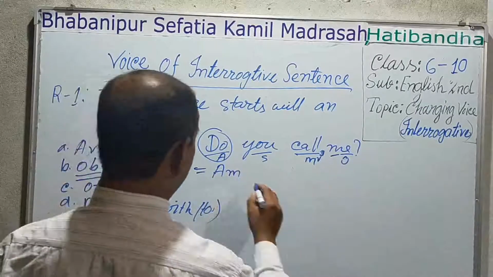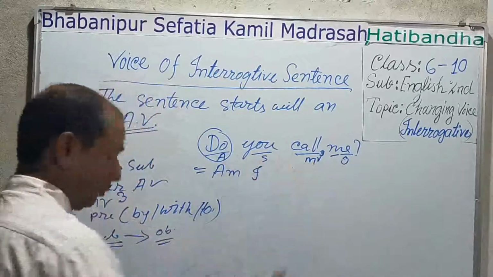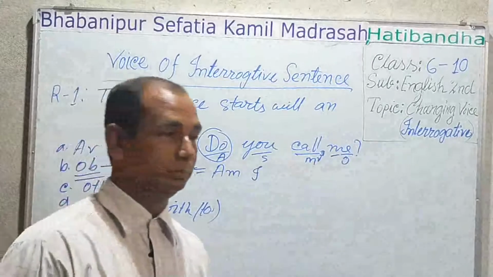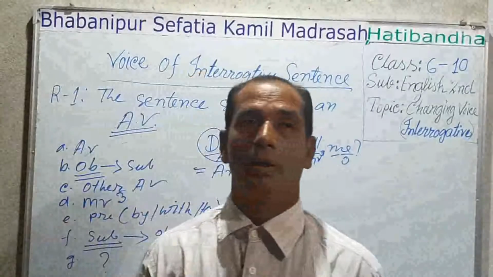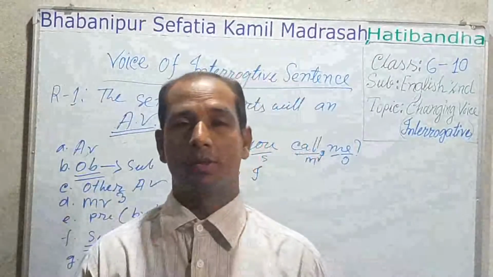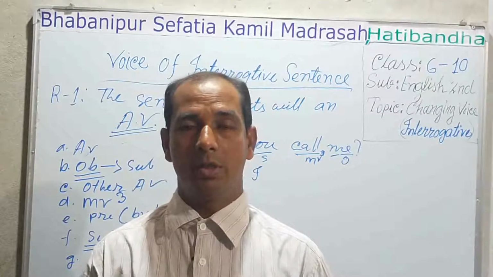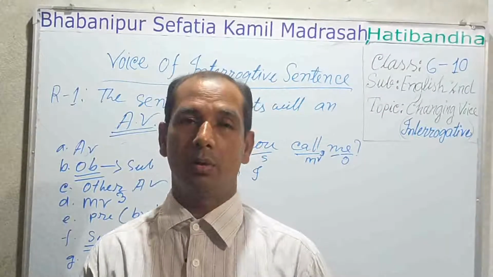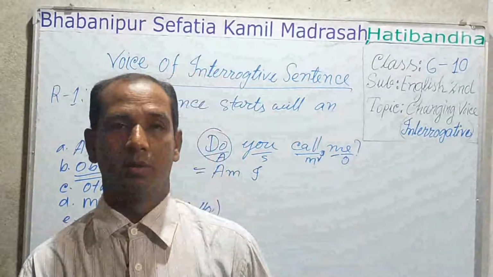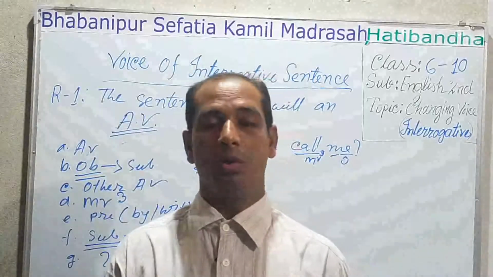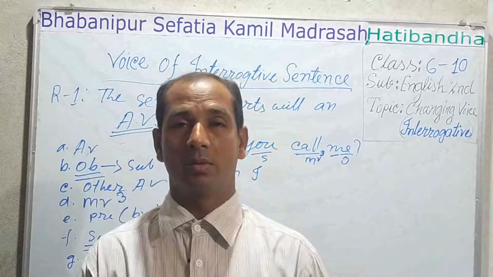Am I. Here is no other auxiliary verb because in interrogative sentence, I mean present indefinite or past indefinite, in these two tenses only one auxiliary verb is used, such as am or is or are, in past form was or were.